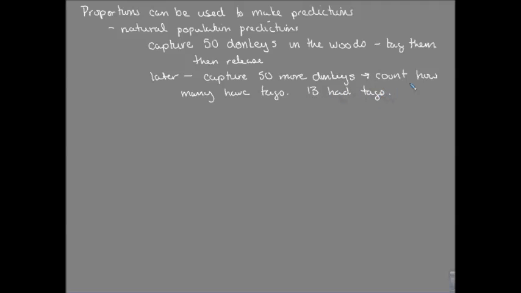So what we have is 13 tagged out of 50 captured. Now, in the wild, they had tagged 50 donkeys, right? 50 wild donkeys.